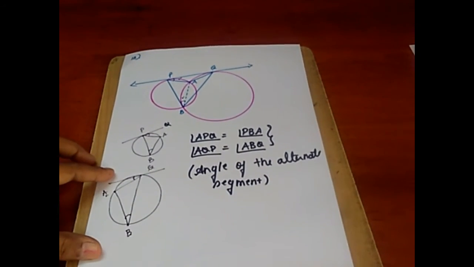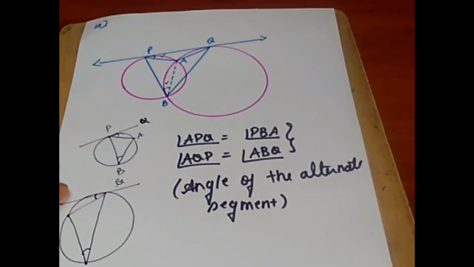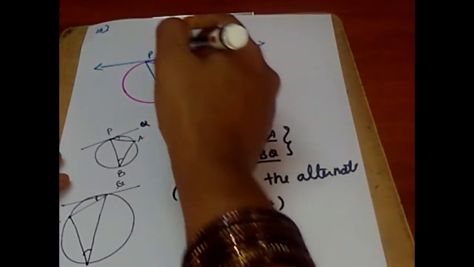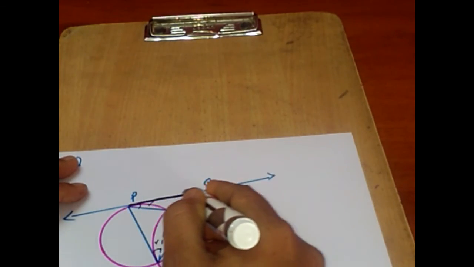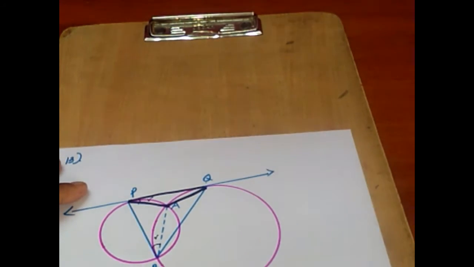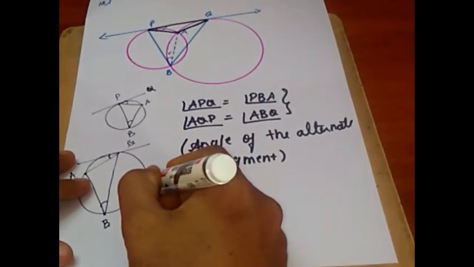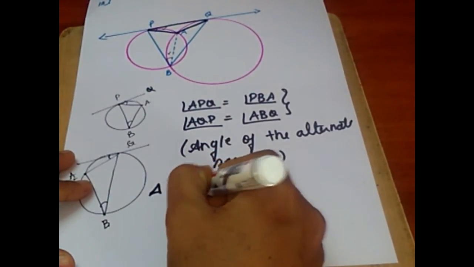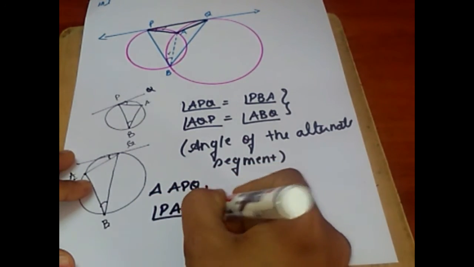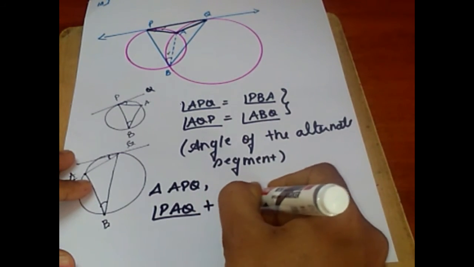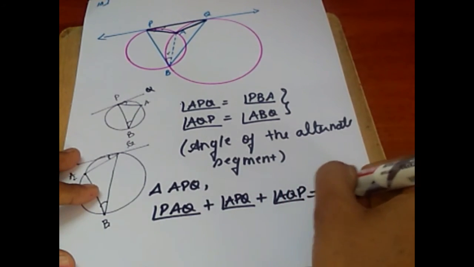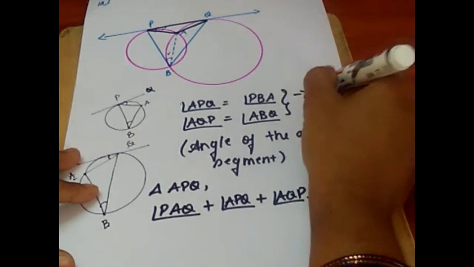Okay, now a very simple way to think. Let me consider the small triangle APQ. Let me just highlight it. So apply the angle sum property, children. Consider triangle APQ: angle PAQ plus angle APQ plus angle AQP is equal to 180 degrees.